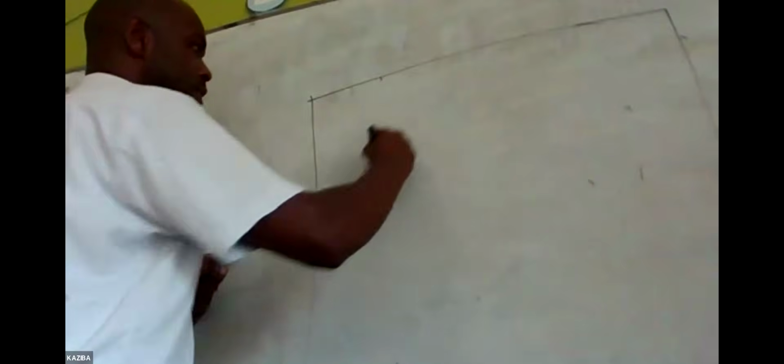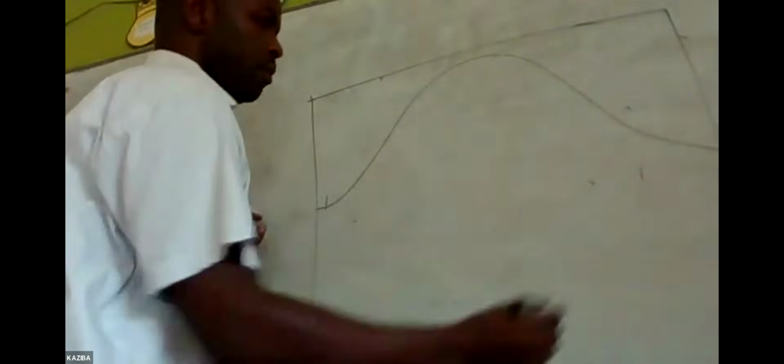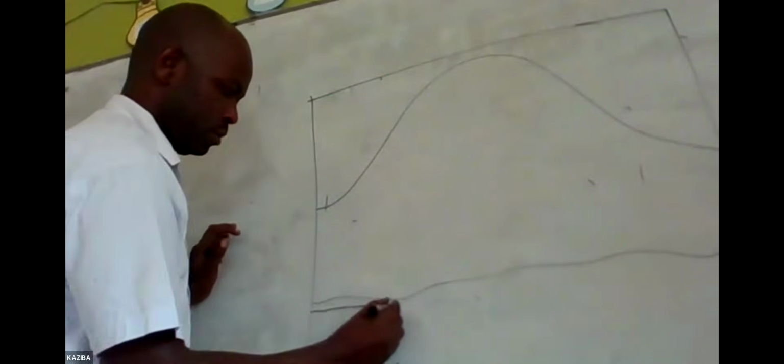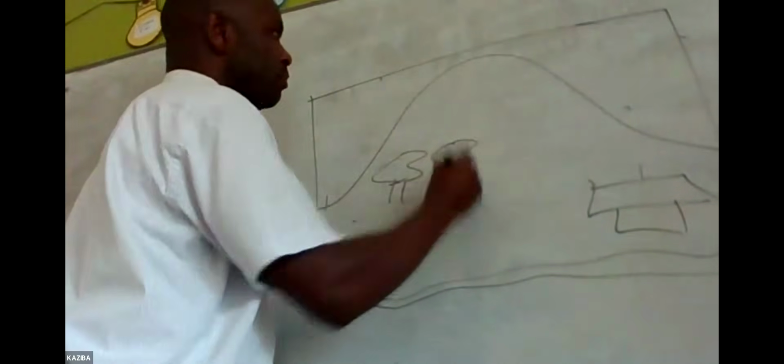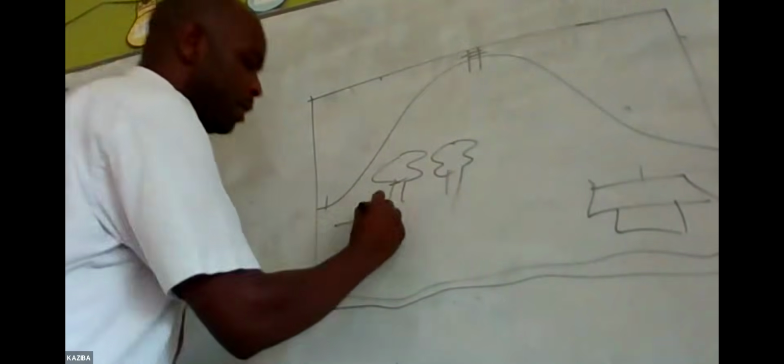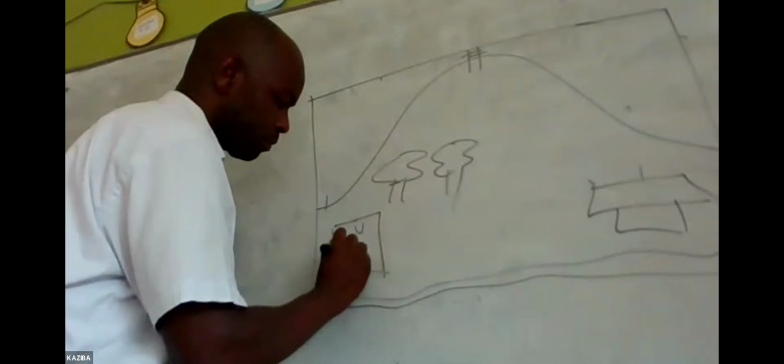When it has a highland there like that. Maybe there is a road here. Maybe there is settlement here like this. When there is a forest like this. Maybe there is a telephone mast like that. And maybe there are crops like that.